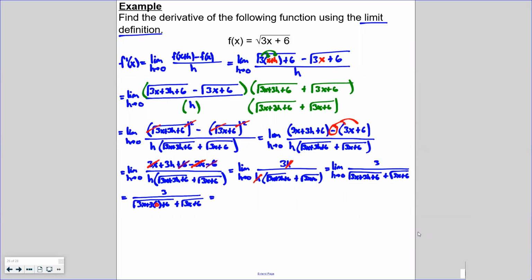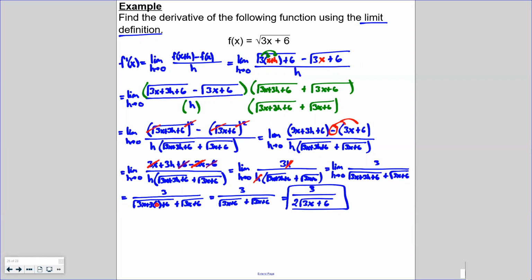So this is going to become 3 over the square root of 3x plus 6 plus the square root of 3x plus 6, which will finally give us our answer of 3 over 2 times the square root of 3x plus 6. So, woo, we finally did it.